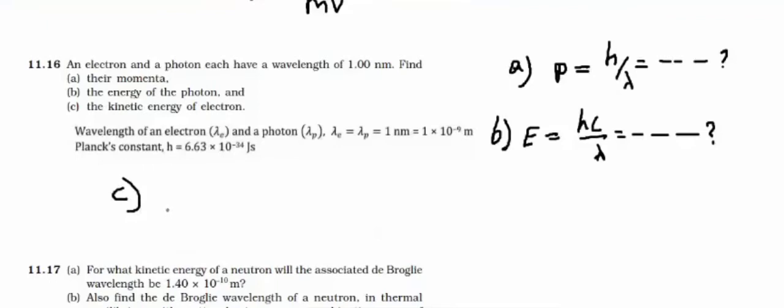You know electron is a particle, therefore the kinetic energy formula will be p square divided by 2m. Momentum p you got from part A, so that you can find the value of kinetic energy.